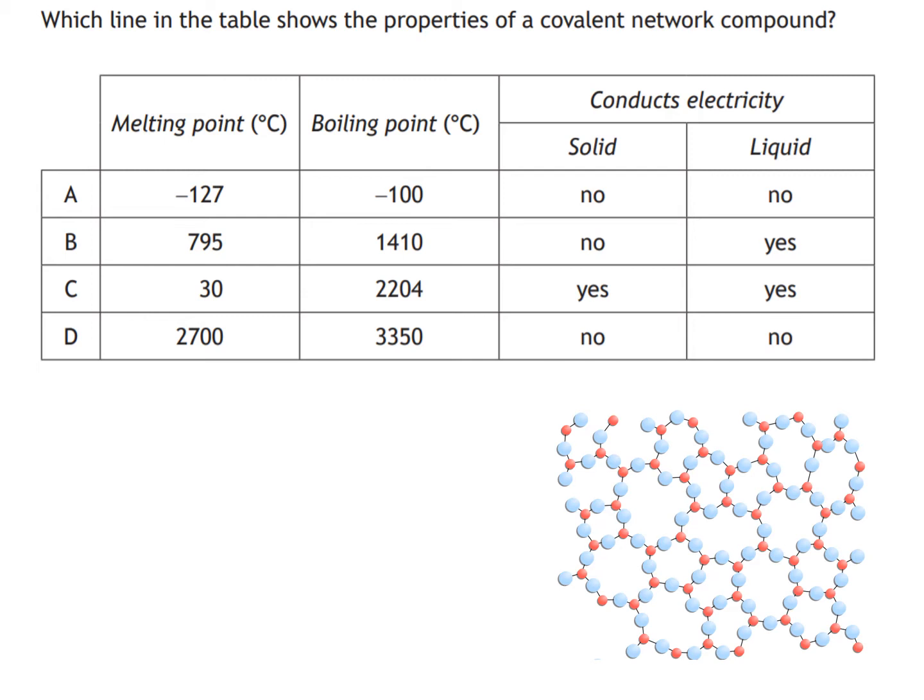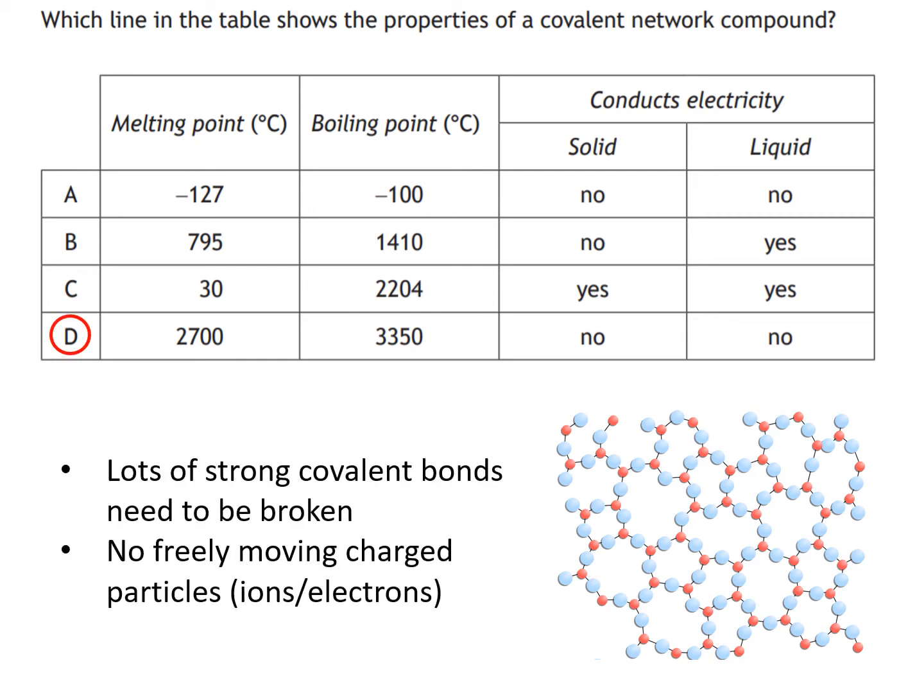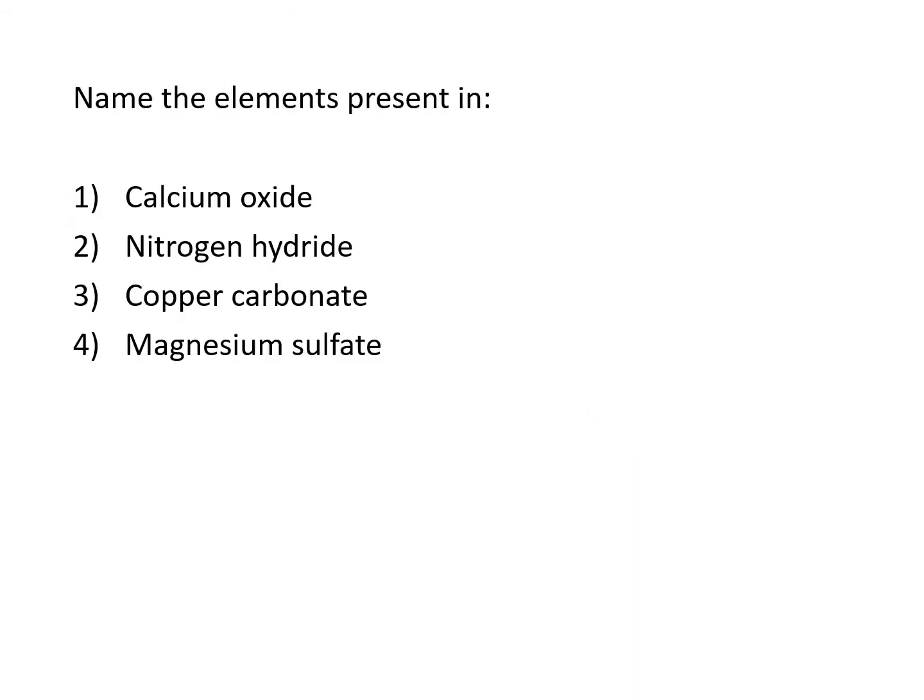And we're hopefully going to be able to identify that in a covalent network, you have to break lots and lots of very strong covalent bonds. Therefore, it's going to have a high melting point. A covalent molecule, you only break the weak intermolecular forces, therefore they have a low melting and boiling point. So in this case, our answer is D. We have lots of strong covalent bonds that need to be broken, and we do not have any freely moving charged particles. Next question.